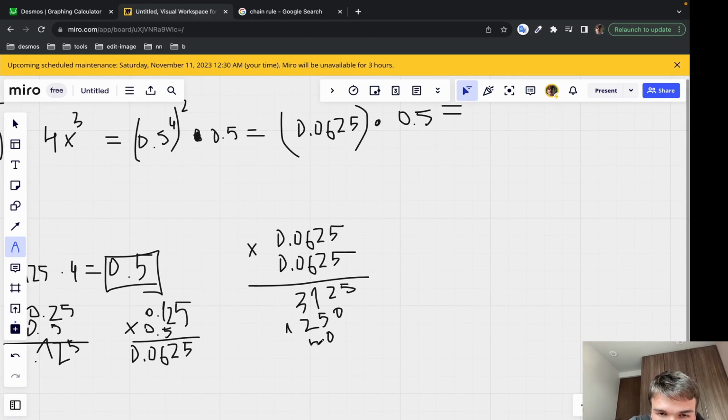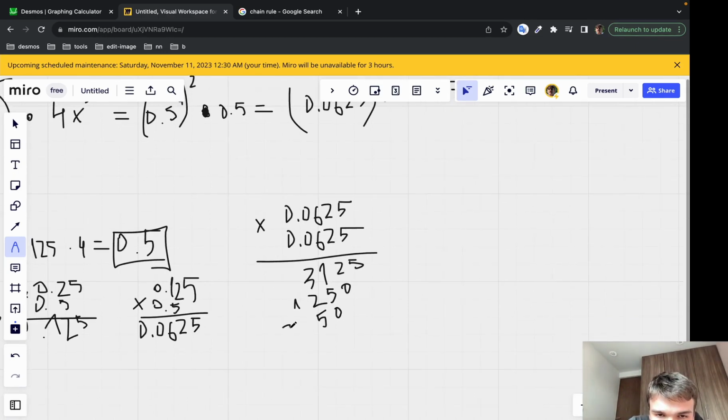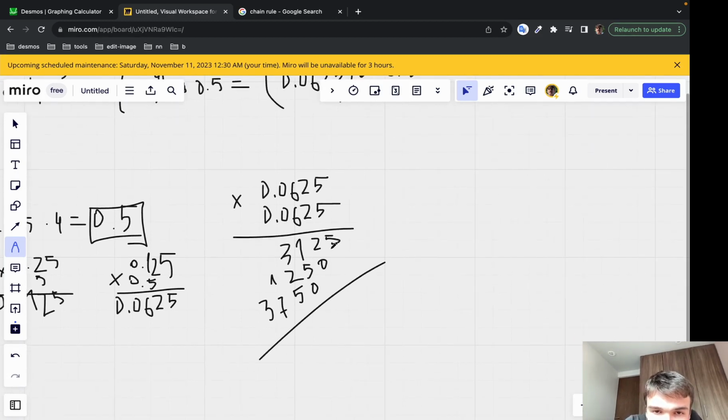So 1 we keep in mind, 5. And 6 by 6 is 36, and 37 because of the 1 which we keep in mind. So 5 goes here, 2 goes here, so 6 goes here.